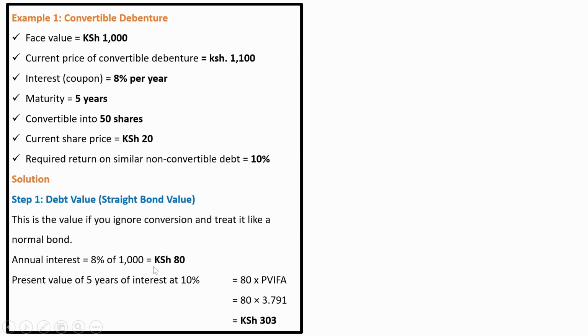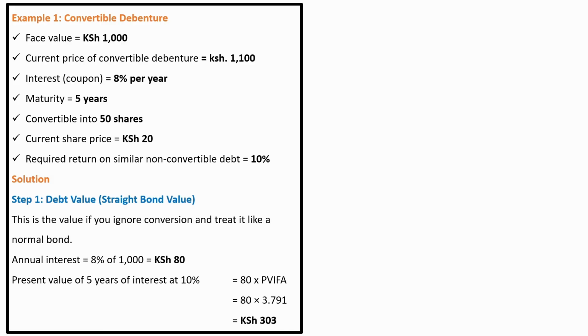So 8% of 1,000 is 80 shillings. And this one is going to be earned for 5 years. Each year, the investor will be receiving an interest of 80 for 5 years. So what is the present value of 80 for 5 years at an interest rate of 10%?